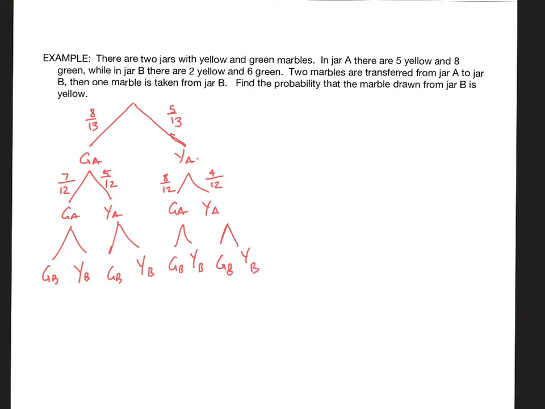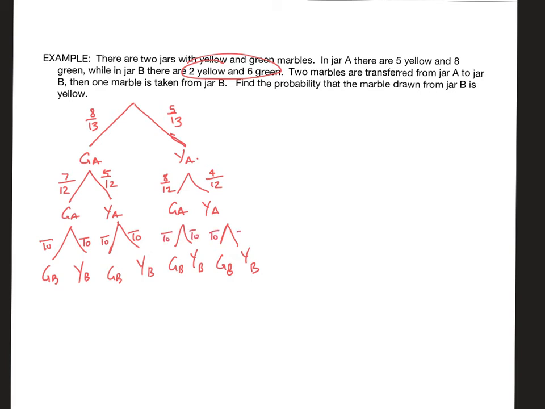Okay, now these numbers, you have to think about what has happened before these branches to be able to answer this question, right? So originally, there were 2 yellow and 6 green. There were 8 marbles, okay? But now, because 2 marbles have been taken out and put into this jar, these are all going to have a denominator of 10. No matter what in this situation, there are 10 marbles in this jar.